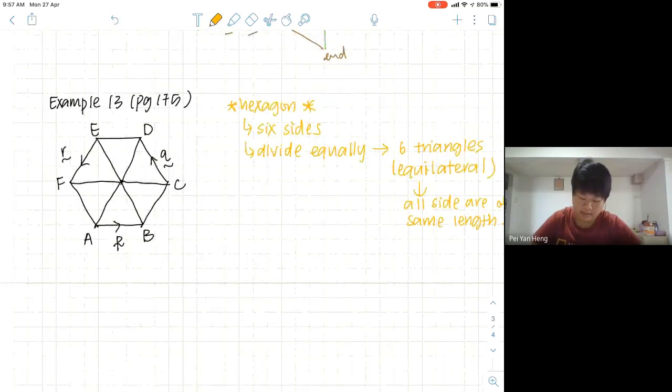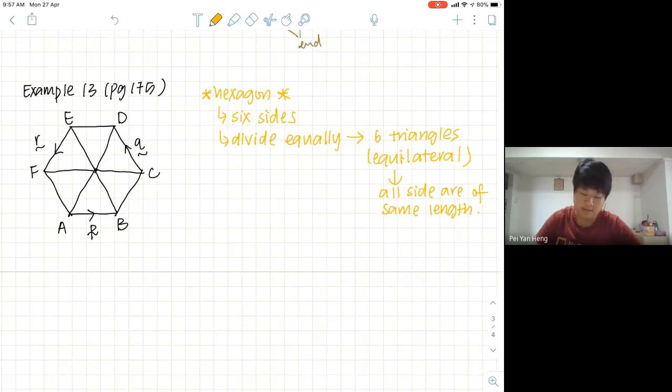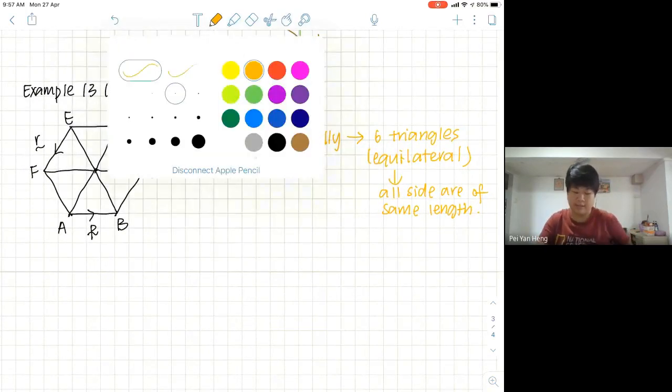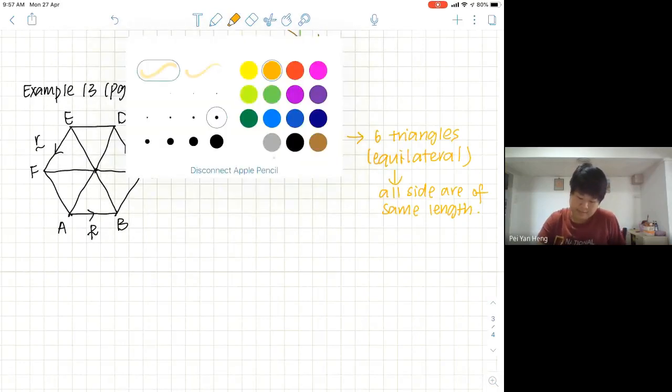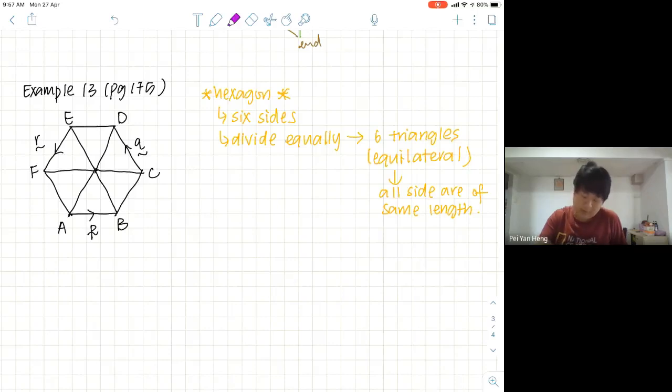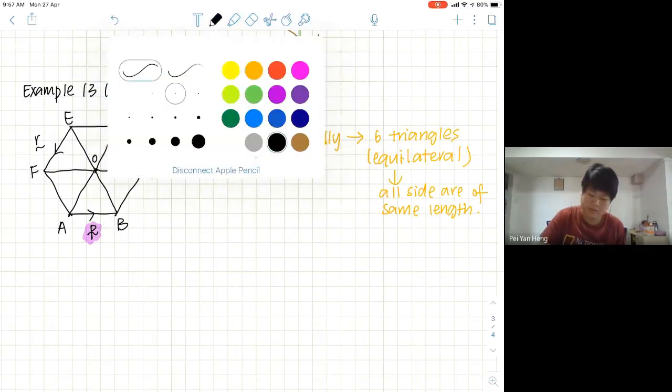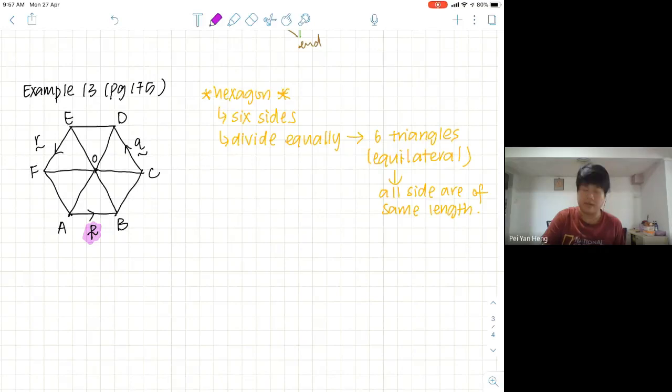So let's indicate the parts that have the same vectors. If I'm using, let's say, purple for P, those that have the same vector as P, which is vector AB, the center is O. Those that are the same vector as P, you have FO, you have OC, and also ED as well.